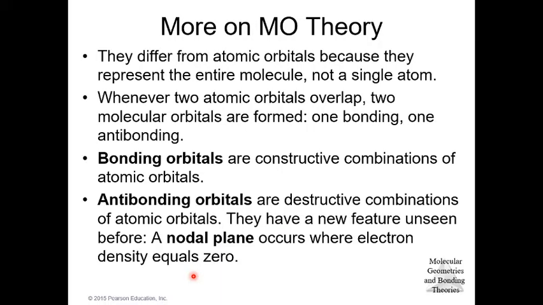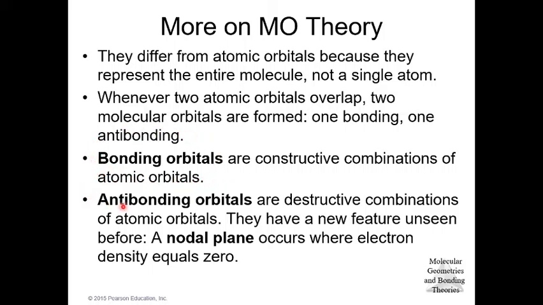So when we talk about molecular orbital theory, we now have new kinds of orbitals that are based upon this idea of constructive interference and destructive interference. So when 2 atomic orbitals overlap to make a molecular orbital, you're going to make 2. You're going to make a bonding orbital from constructive interference where the waves are in phase.